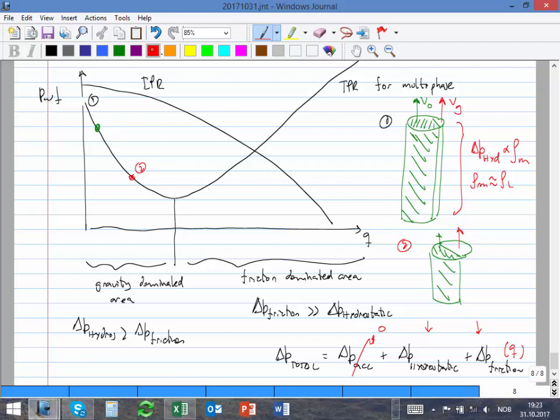And at the end, the density of the mixture will be something in between the liquid and the gas. It will be in between these two, and it depends really on how fast one goes.